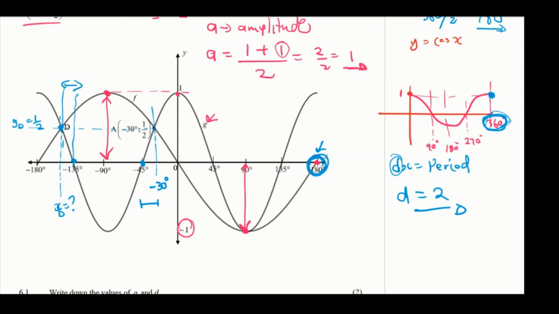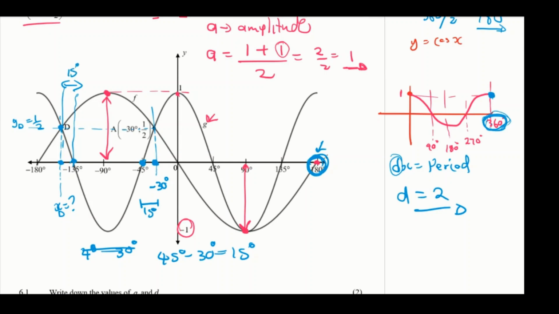The difference between this point and this point should be equal to the difference between this point and this point, right? So if you say 45 degrees minus 30 degrees, you'll get 15 degrees. So it means the difference between this point and this point is 15 degrees. So the same applies here, 15 degrees.